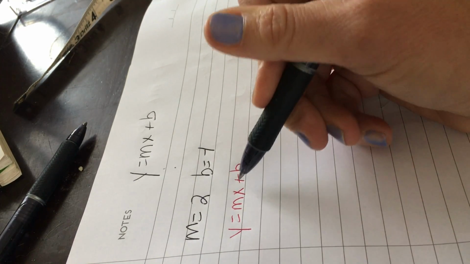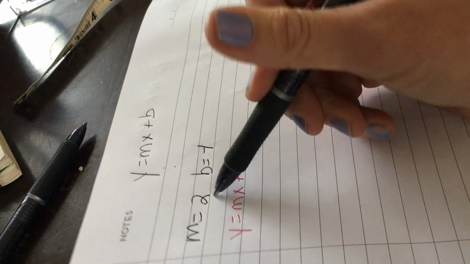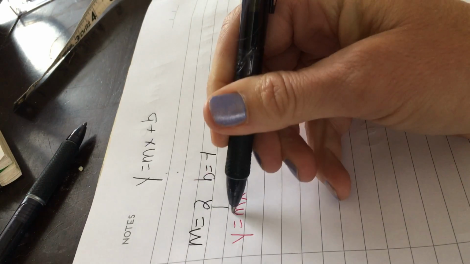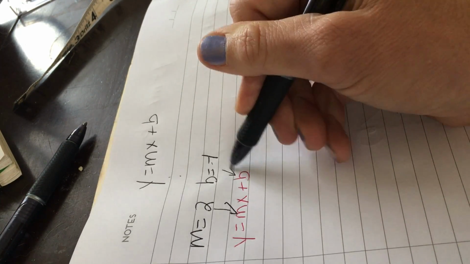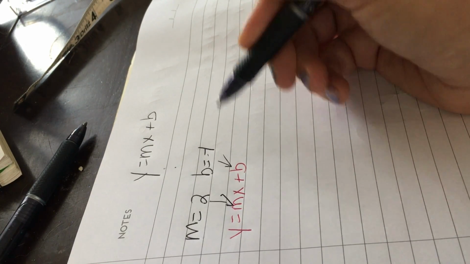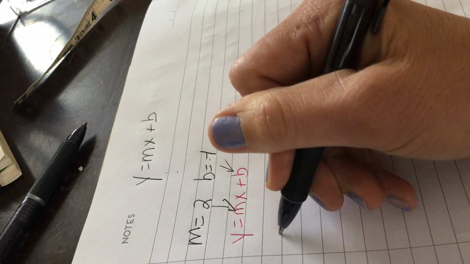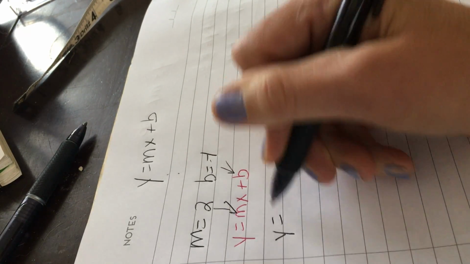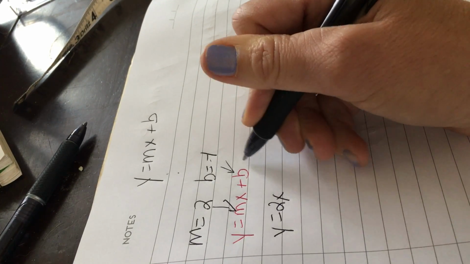Okay, so I just plug in what I know. I know my m, or my slope. I know my y-intercept, which is the b. So I just rewrite it with those numbers in there. So it would look like this. Y equals 2x. Now, here is a little bit tricky.